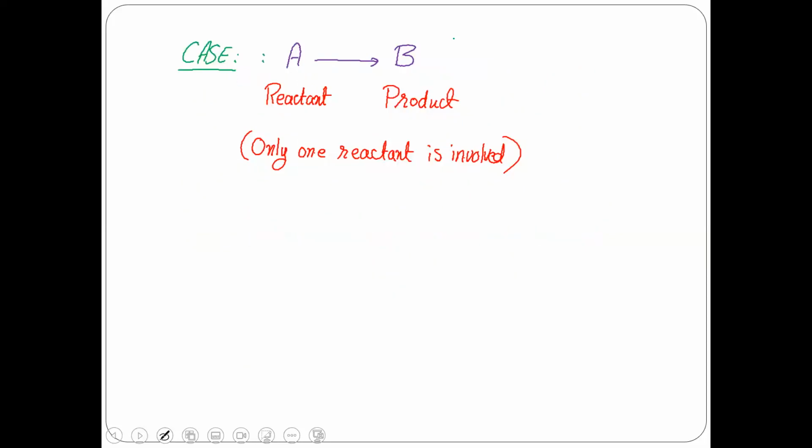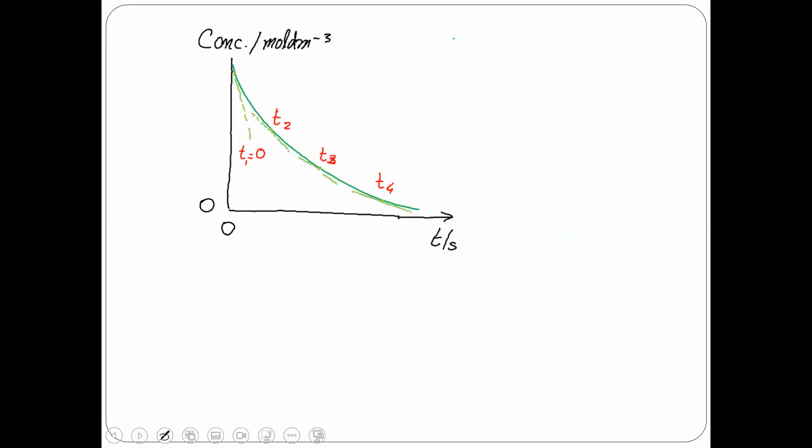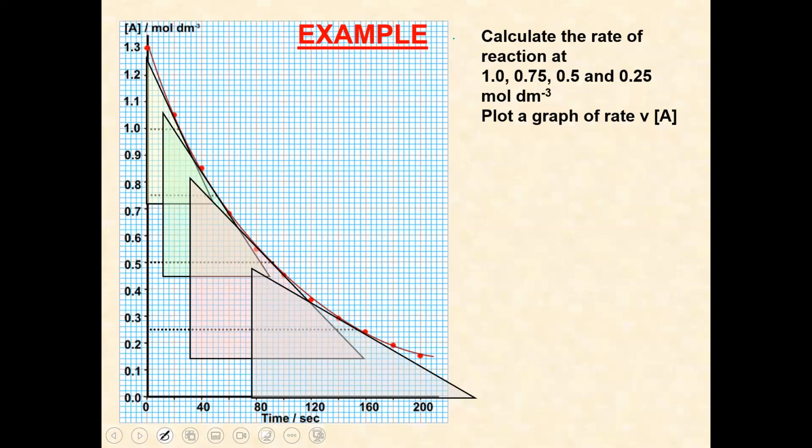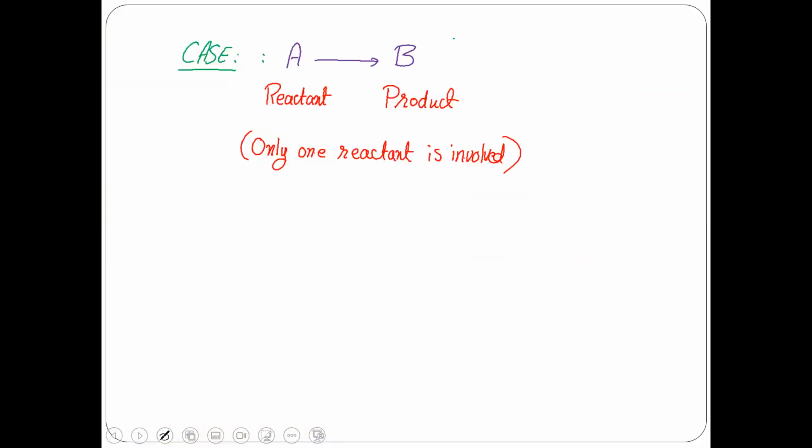So, for example, the case where only one reactant is involved, like decomposition of calcium carbonate or anything like that. With concentration against time, the rate would be changing at 0 and all other positions. So we take it on one graph. We will not draw multiple graphs now because there is no other reactant. We will draw one graph, take multiple gradients and find the rate from each. And then we draw a graph like this. So you have to copy this.